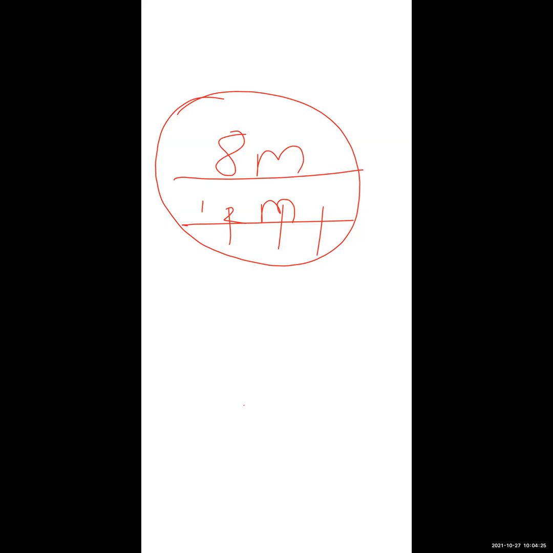Okay, so here we will first find the factors of 8 and 12, and after that we will find the HCF. How? See, first we find the HCF of 8 and 12.